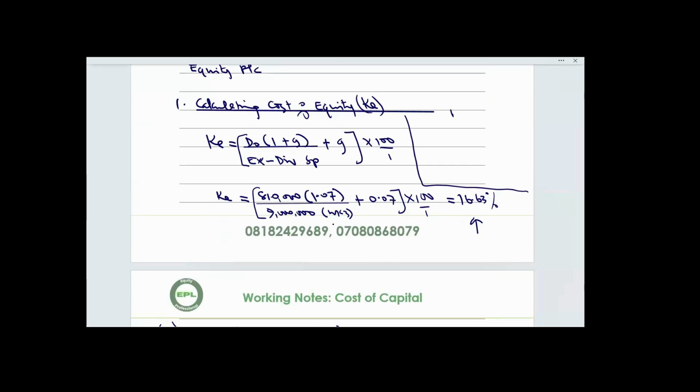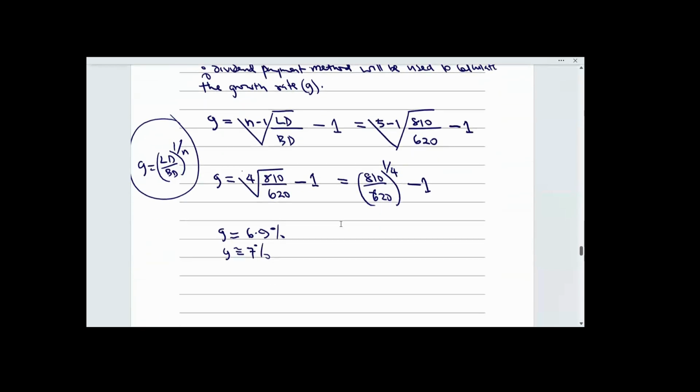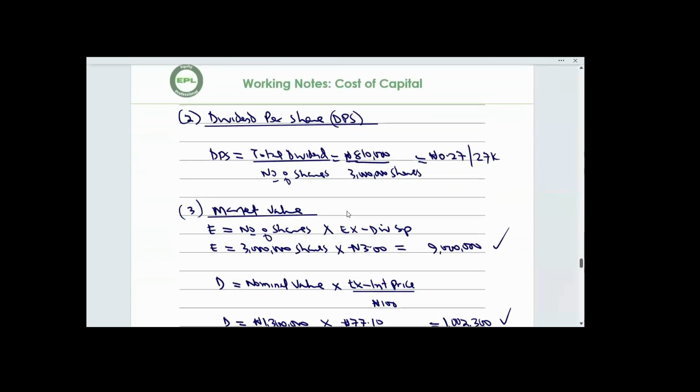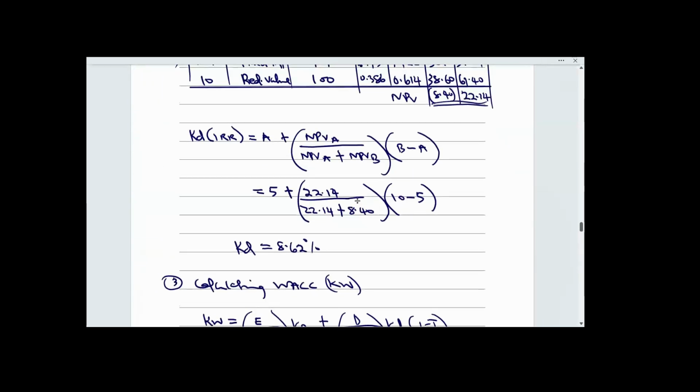If I want to use power value to calculate it, it's the same thing. Cost of equity will be equal to, I've already calculated dividend per share to be 0.27, 27 kobo. Let's see from my working. All right, dividend per share is 27 kobo. Then growth rate is 7%.